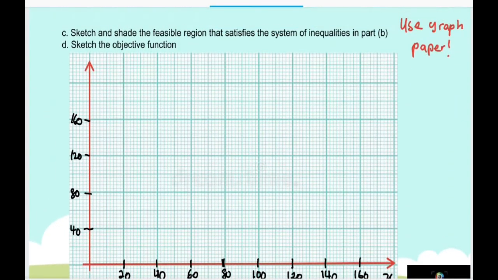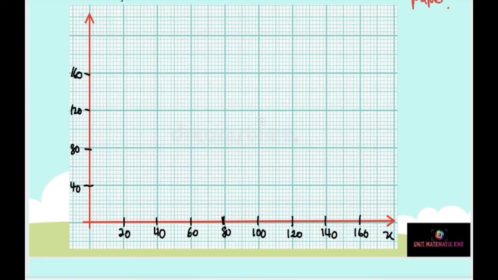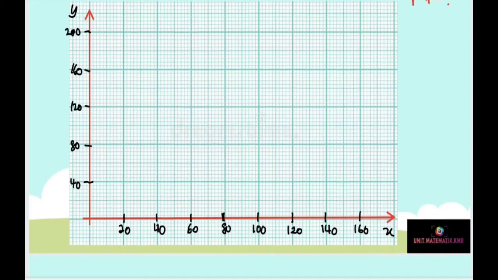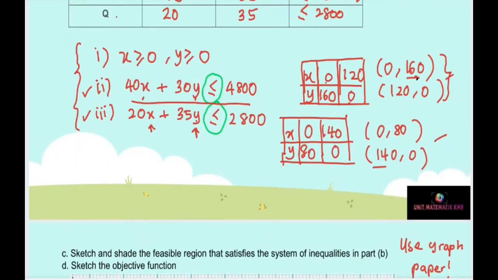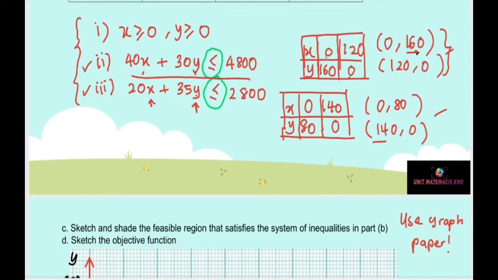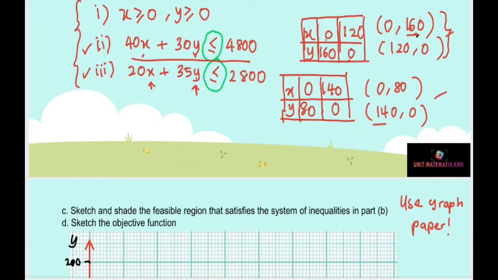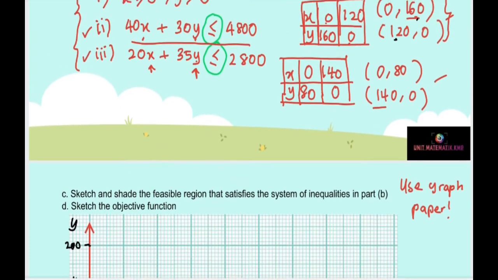But if you have A4 size graph paper, you can use a smaller scale. So this is the y-axis and the last number is 200. Then for the first straight line, we have (0, 160) and (120, 0). This is the intercept of the y-axis and this is the intercept of the x-axis.